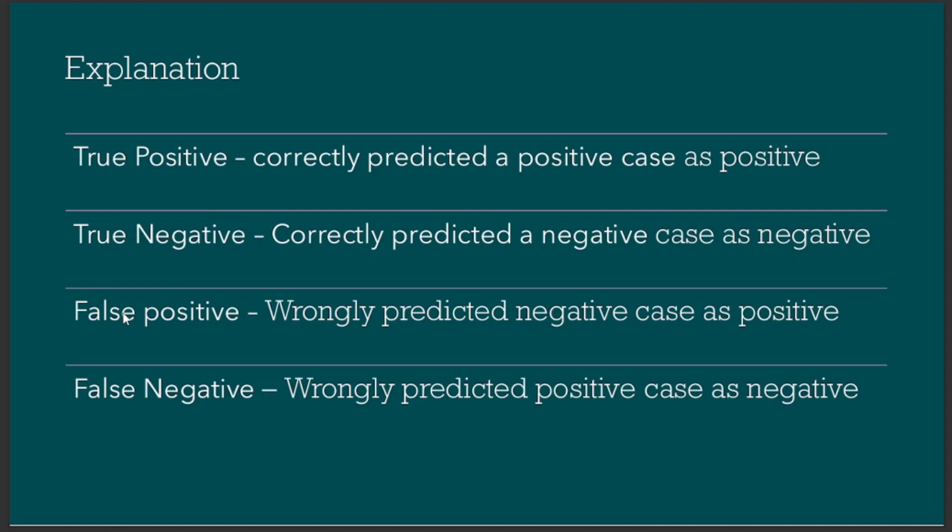In case of false positive, the model predicted a case as positive but it is false. I'm making this very simple to help you understand. And the final thing is false negative. False negative means the model predicted that scenario as a negative case, but that is false. These are the meanings of the terms used in a confusion matrix.